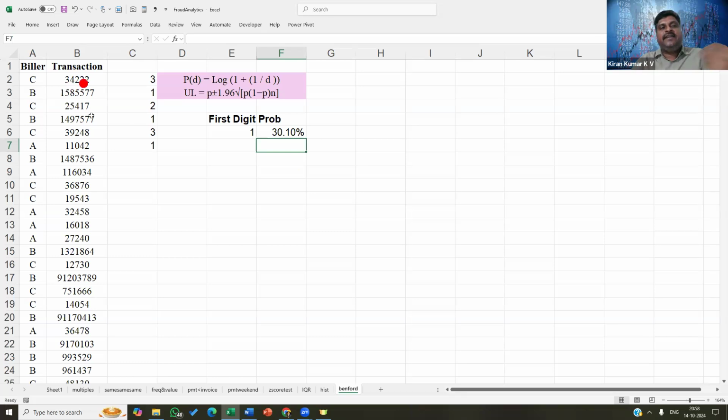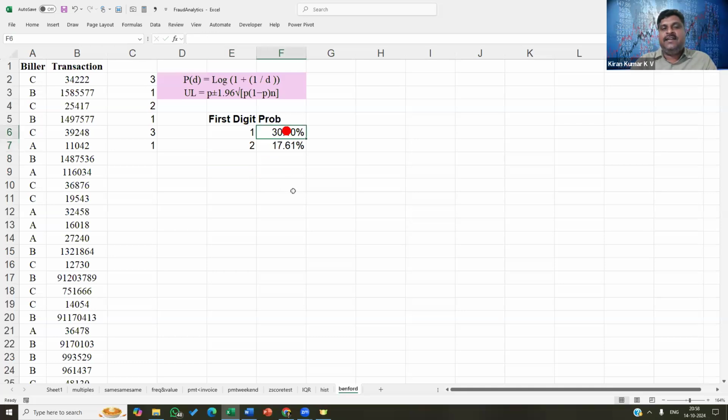There is no dependency of each transaction with each other. But if you take, let's say, the Aadhaar number or a telephone number, there's a pattern. If my number starts with 9 something, that means it was issued in a particular year or location. Similarly, the probability of the first digit being 2 will be around 17.61%.